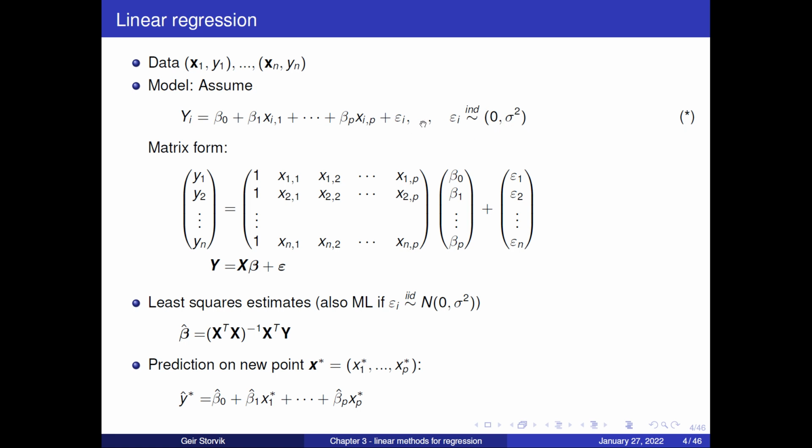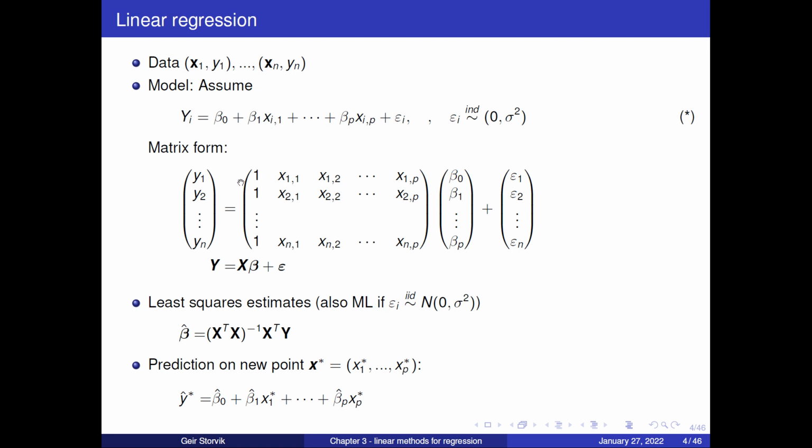And so far we'll just assume that this noise has expectation 0 and variance sigma squared, and they are all independent. So we are not assuming that they are Gaussian so far, so that's why there is not an N in front here. This notation just means that we specify that they all have expectation 0, all have the same variance, and independence.